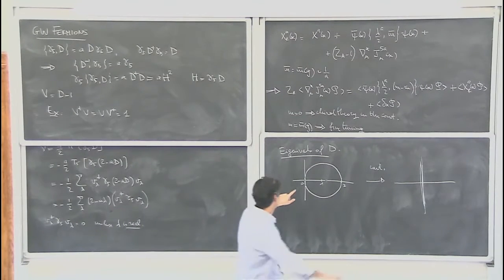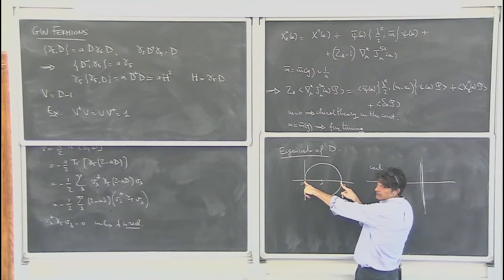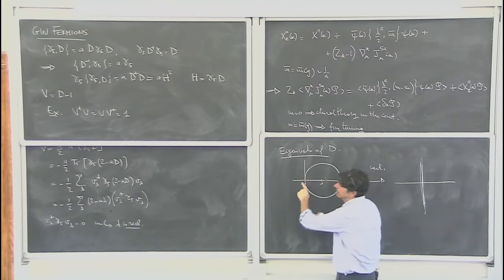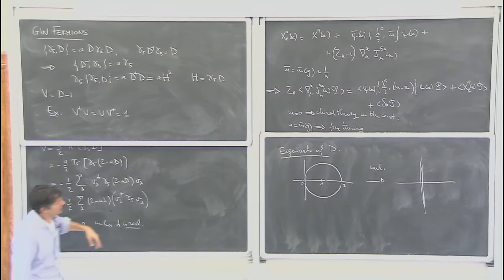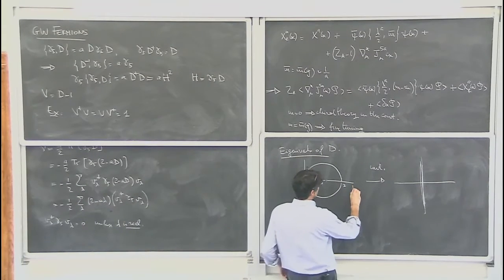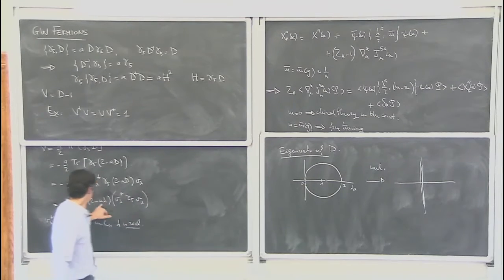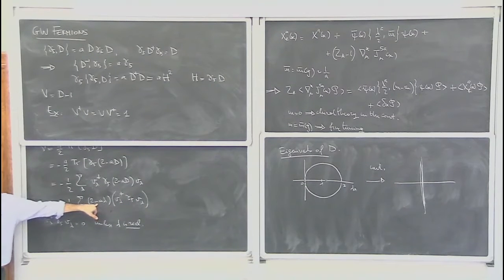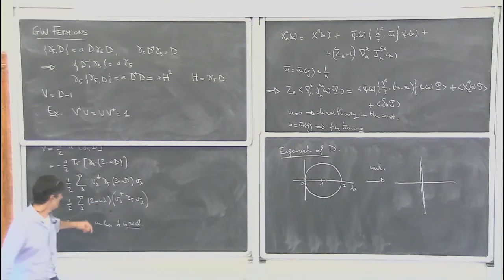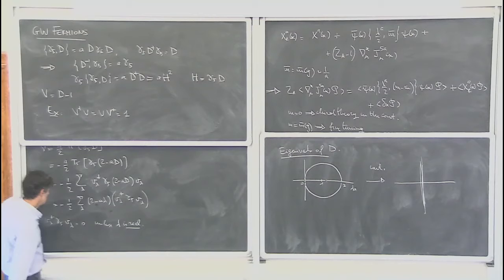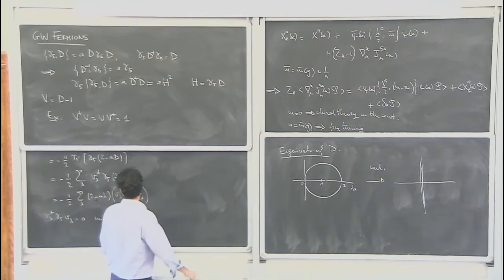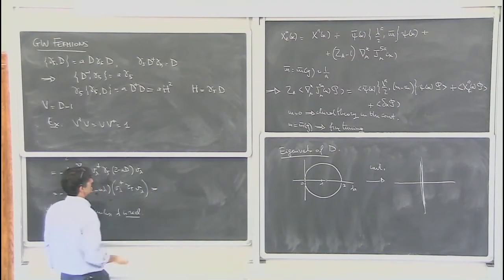So there are only two places that contribute: lambda equals 0 and lambda equals 2 (in units of a). Because of this factor, the contribution from lambda equal to 2 is actually 0. And so you only get a contribution from the 0 modes of the Dirac operator. So this is just a way of counting the 0 modes.